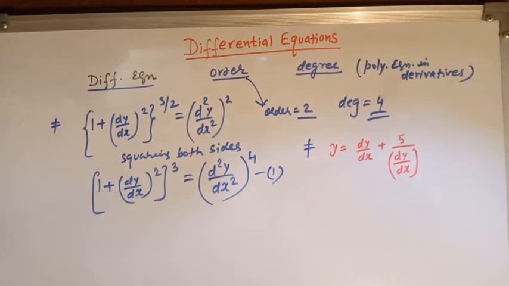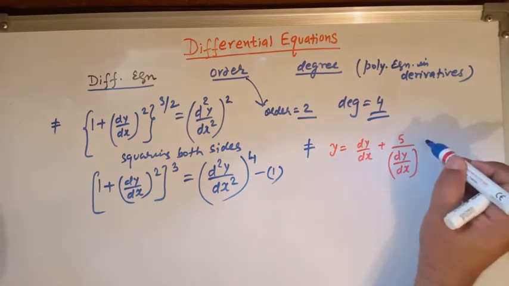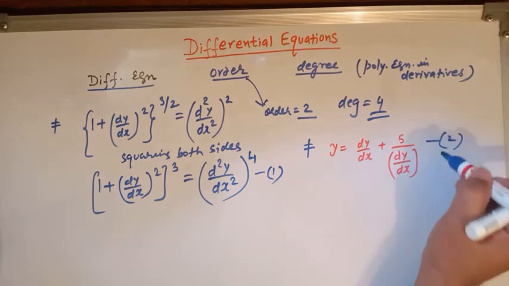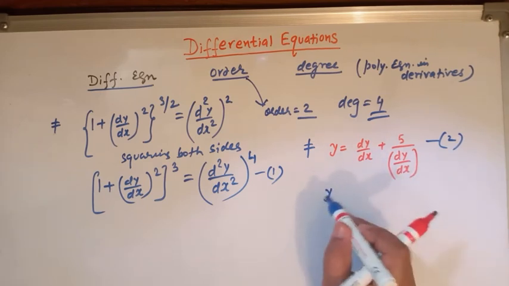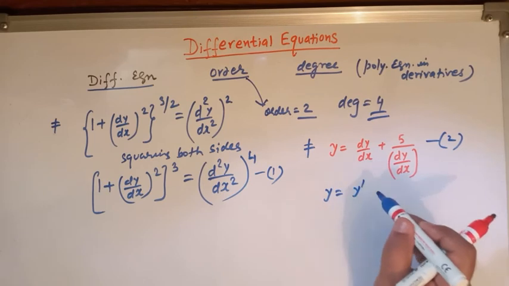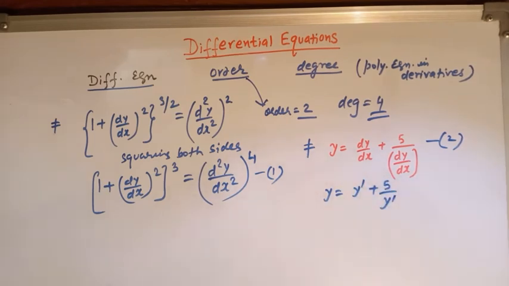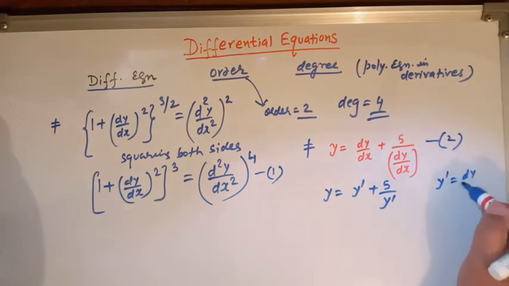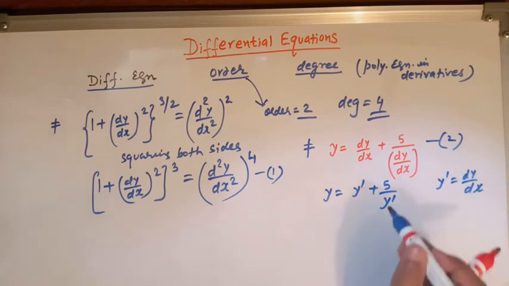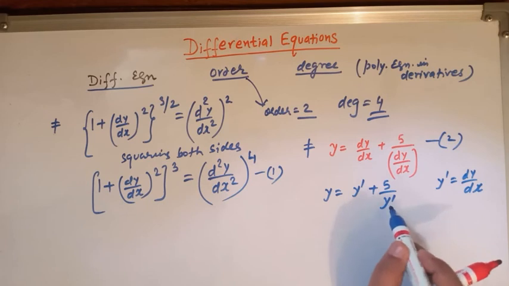And now viewers, let us find the order and degree of this differential equation. Clear? Now this equation can be written as y is equal to, say, y prime plus 5 divided by y prime. Clear? Where y prime is dy over dx. Now here we see that this y prime occurs in the denominator.